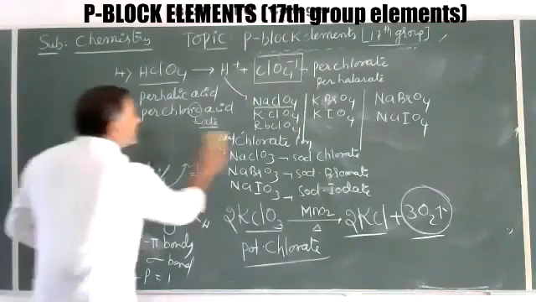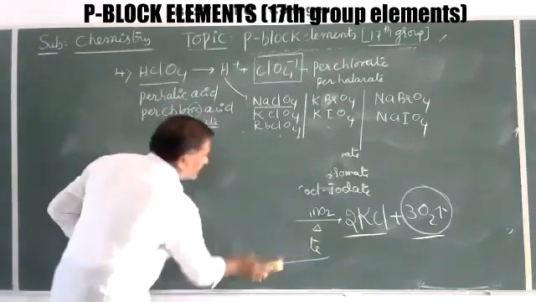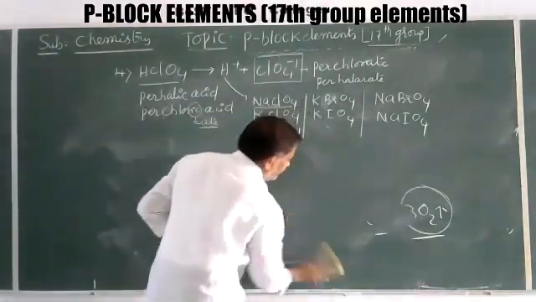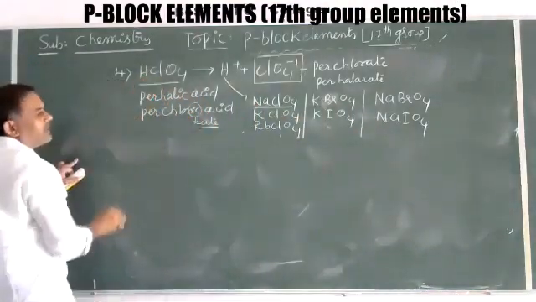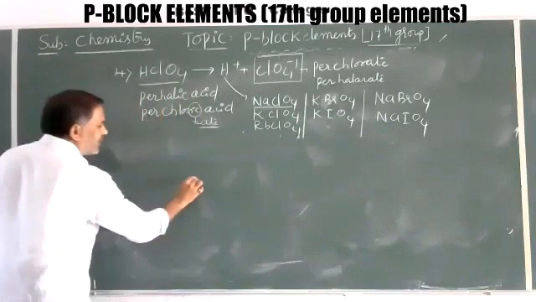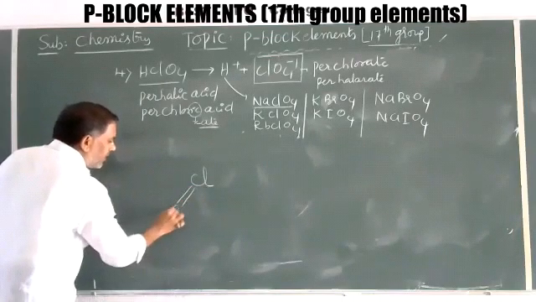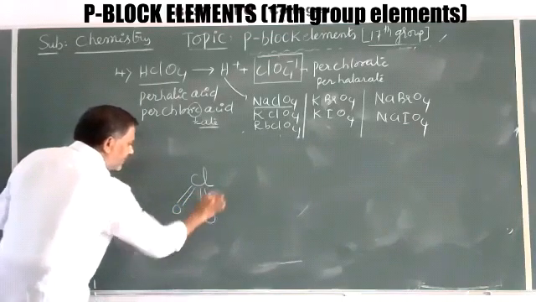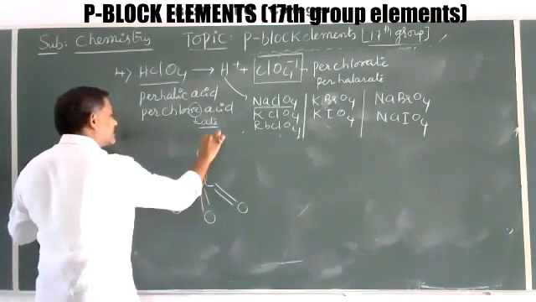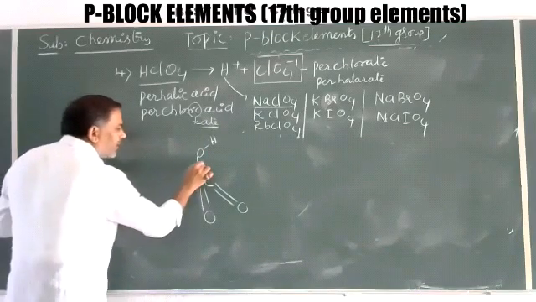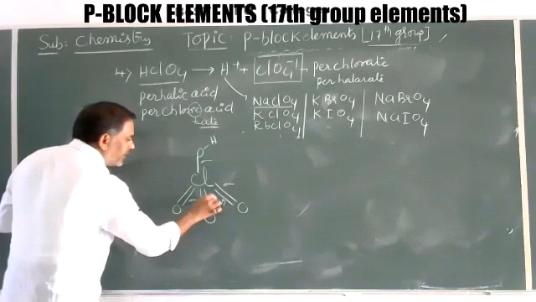Then finally, its structure. In this perchloric acid, 4 oxygen atoms are there. We take Cl as the central atom, with oxygen atoms around it, and here is hydrogen. Here sigma, sigma, sigma; 3 pi bonds are there.